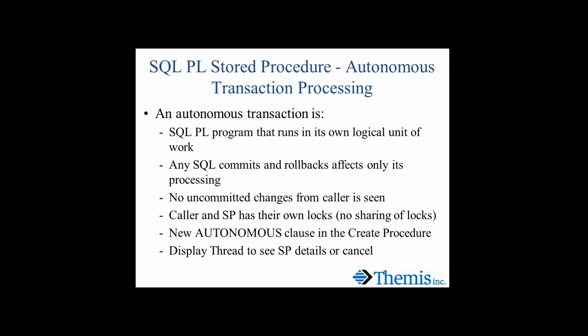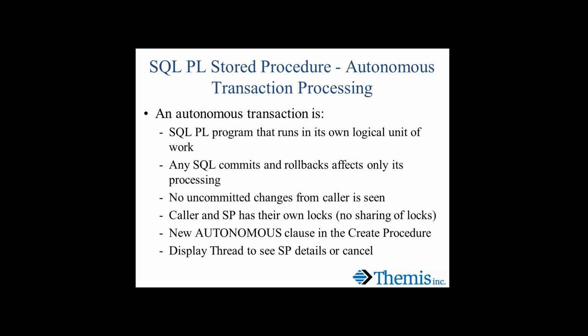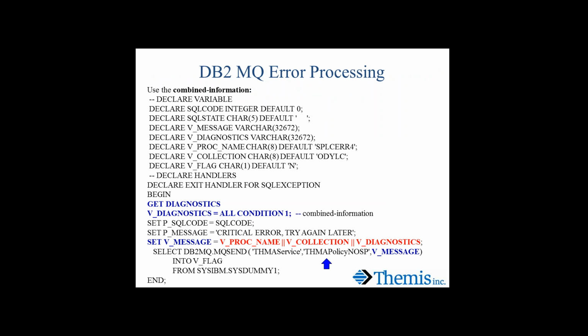They're not shared, so we don't share the locks. And you can use a display thread to look at this procedure's details or to cancel a thread. So, autonomous stored procedures. If you're in version 11, this would be the preferred method of logging your errors, by calling an autonomous stored procedure and inserting into a DB2 error table.